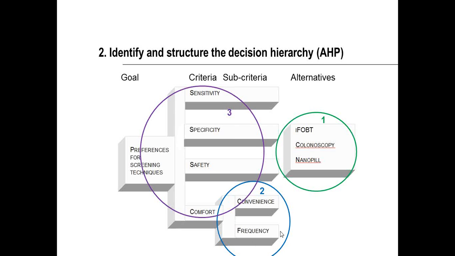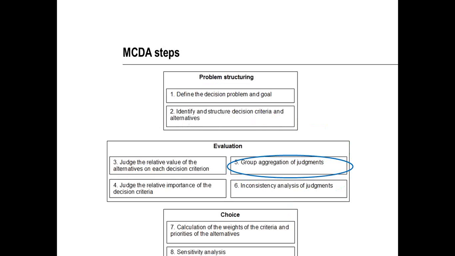Then you are comparing the importance of the different sub-criteria with each other, and then the importance of the different main criteria. So here the questions could be, what is more important to you, the sensitivity of the test or the specificity of the test? And with all these clusters of pairwise comparisons, it will be possible to calculate all the different weights and priorities.